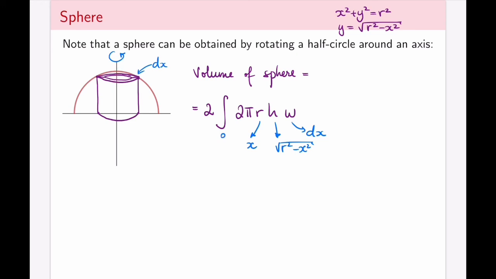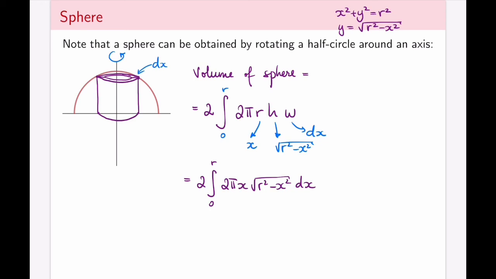And the biggest cylinder I'm going to build is of course going to correspond to the full span of my semicircle. It's going to be this cylinder right here. So from 0 to r. Okay, so all together I get 2 times the integral from 0 to r of 2 pi x square root of r squared minus x squared dx.